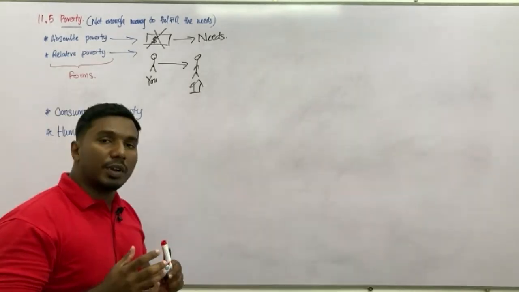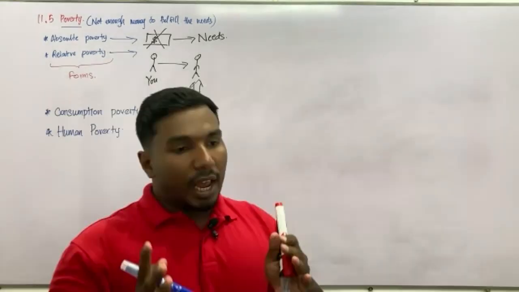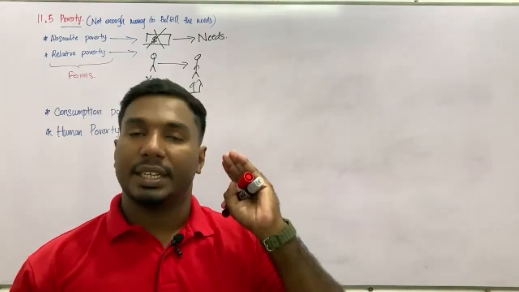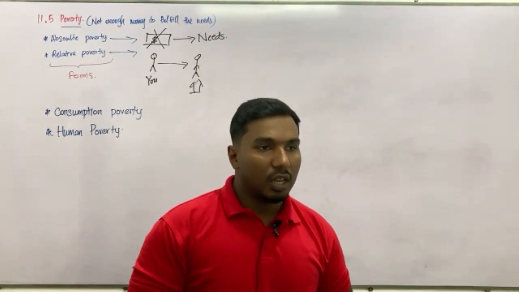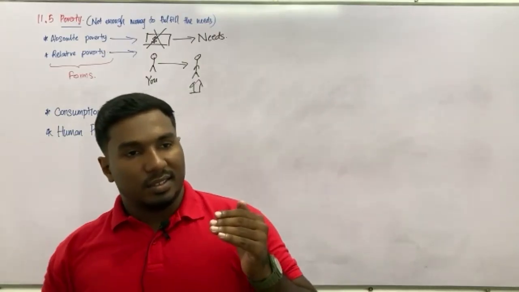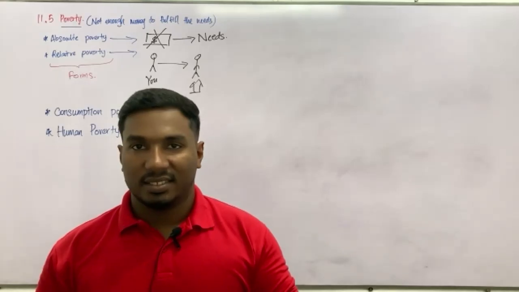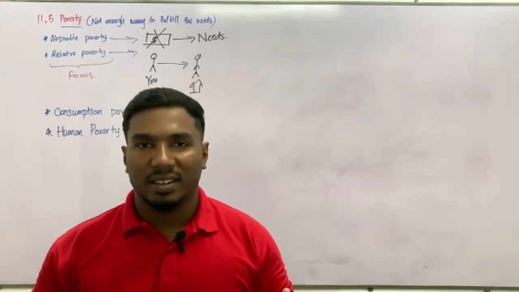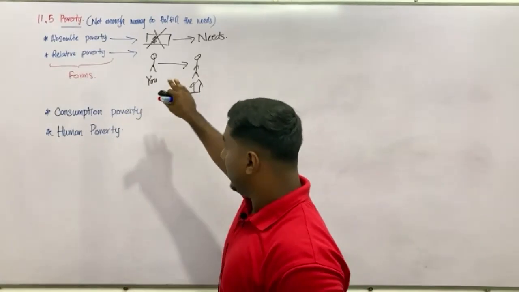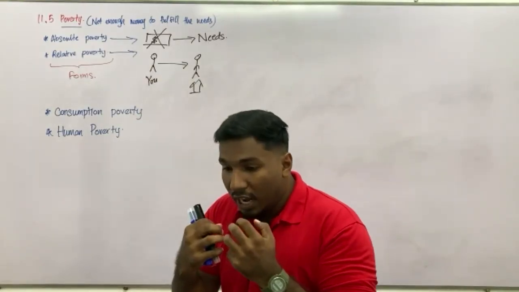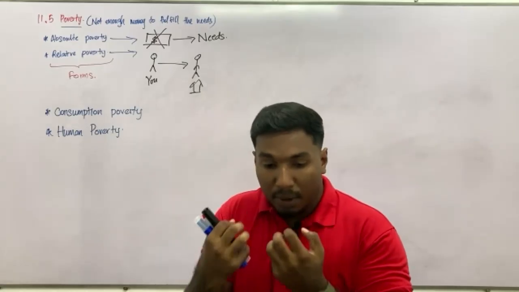Consumption poverty is what? You don't have enough money to eat, which means you have no money in hand to eat even one meal. That is absolute poverty. Likewise, that is consumption poverty. You don't have enough money to eat.